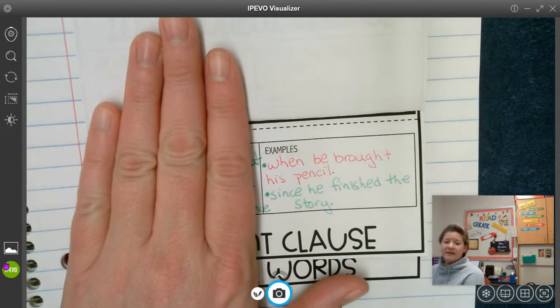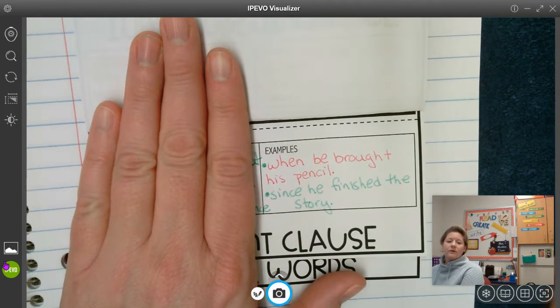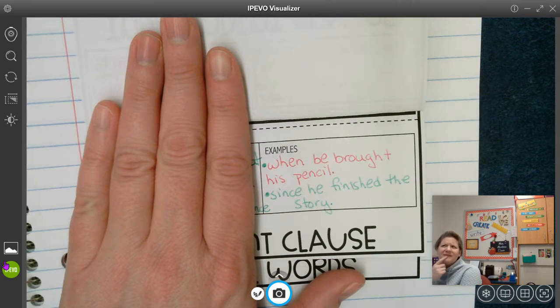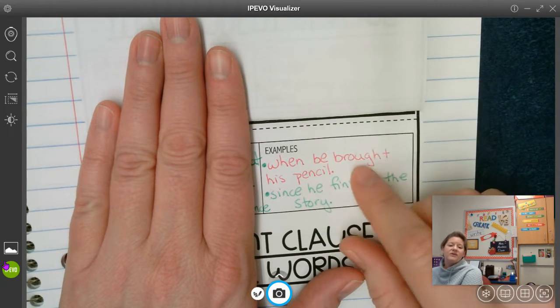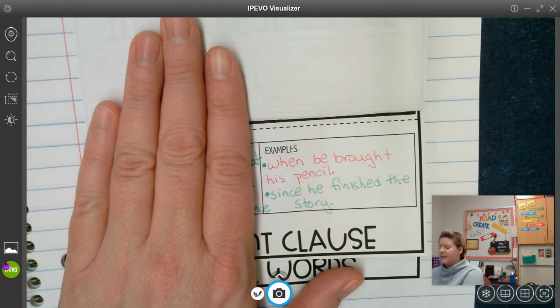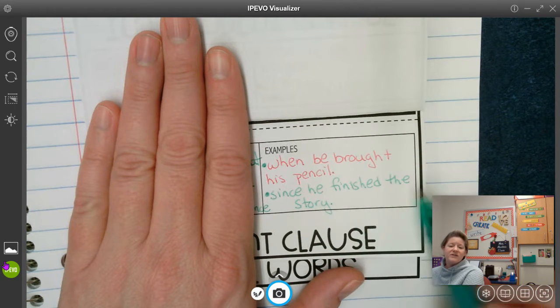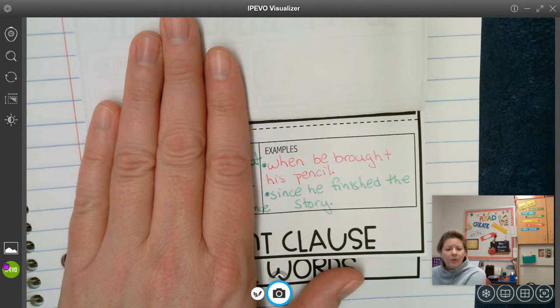All right, so here are my examples. When he brought his pencil, well, we're left here going, well, when he brought his pencil, what? It doesn't give us all the information that we need so that the sentence makes sense. When he brought his pencil, what? Finish your thought here, right? Same with the next one. Since he finished the story, what?